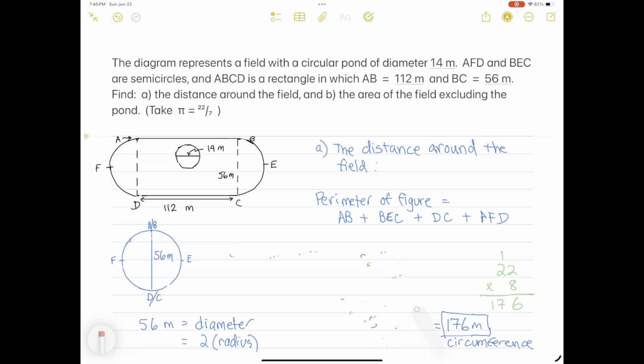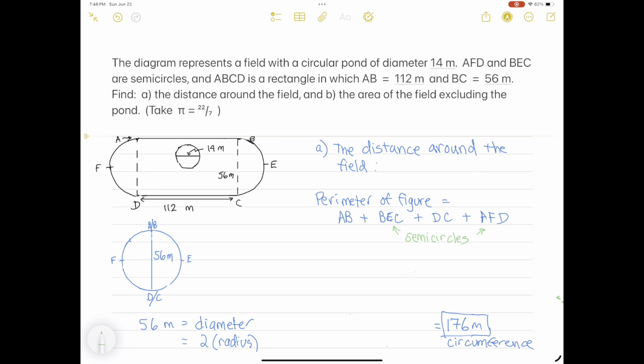So we look back to the equation above, the perimeter of the figure, AB plus semicircle BEC plus DC plus semicircle AFD, and we see that the semicircles BEC plus AFD equals 176 meters.